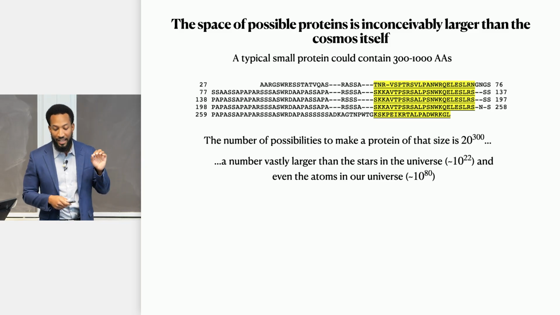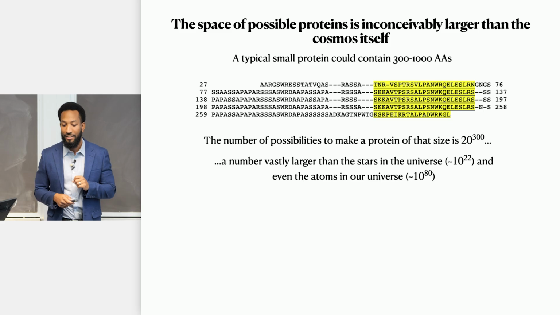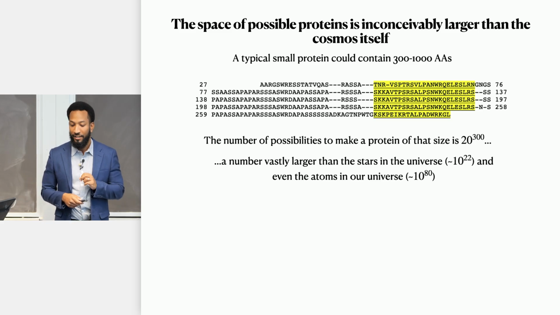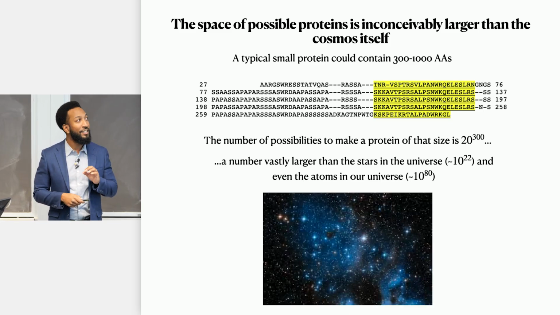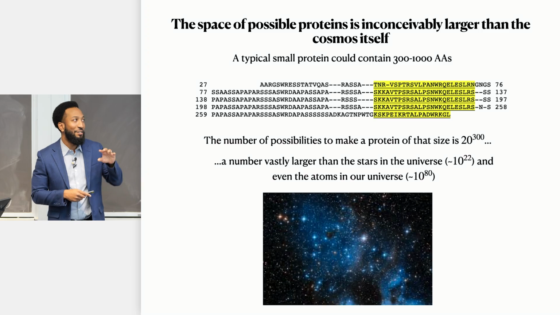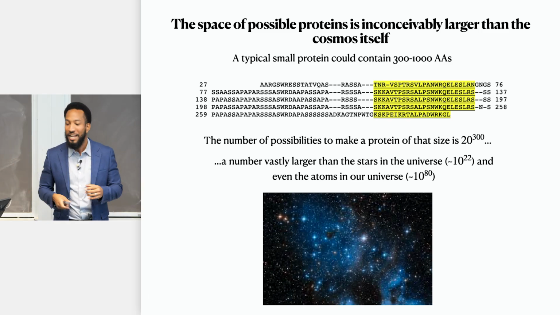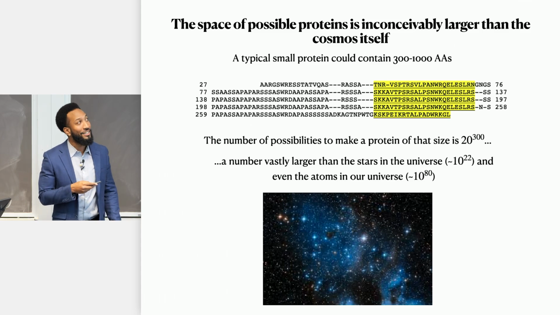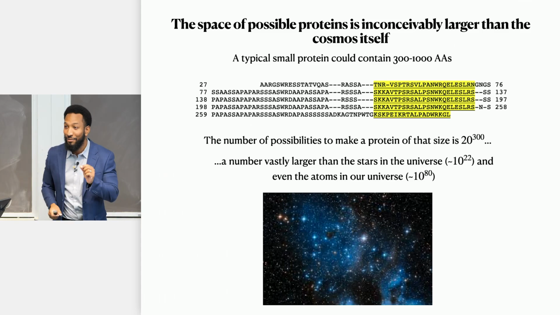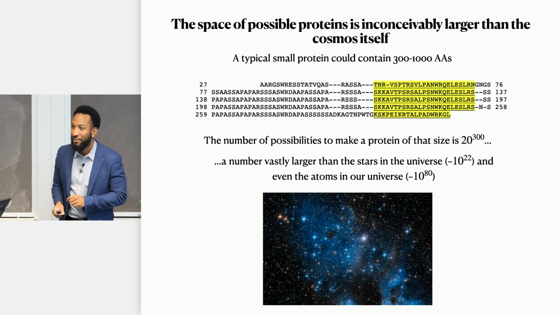The atoms in our universe are 10 to the 80. This is just an artist's picture of the atoms and stars in our universe. But even 20 to the 300 divided by 20 to the 80 is larger than the number of atoms in our universe.